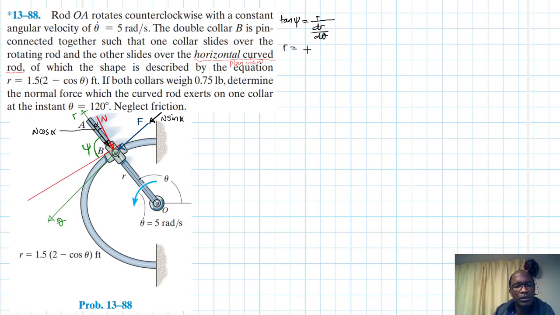Our r is equal to 1.5(2 - cos theta), and dr/d theta is 1.5, the 2 becomes 0, and the derivative of cos theta is minus sine theta, so minus and minus cancel, therefore this just becomes 1.5 sine theta.